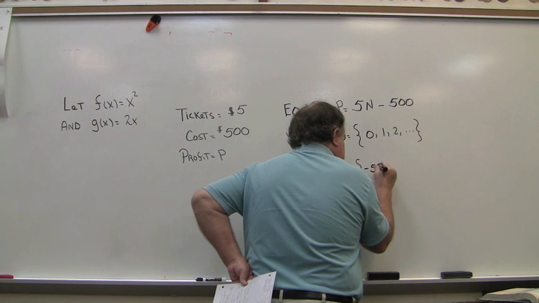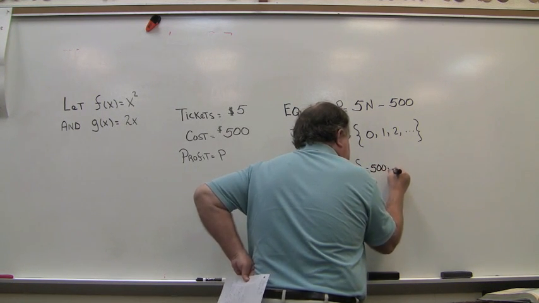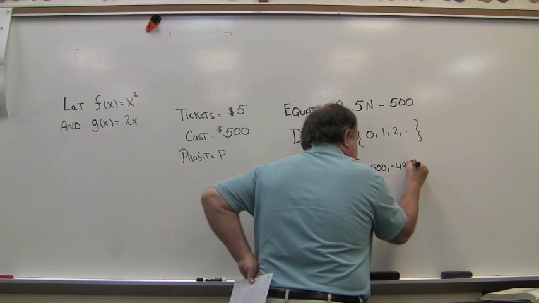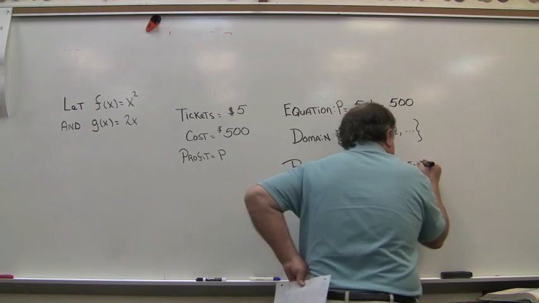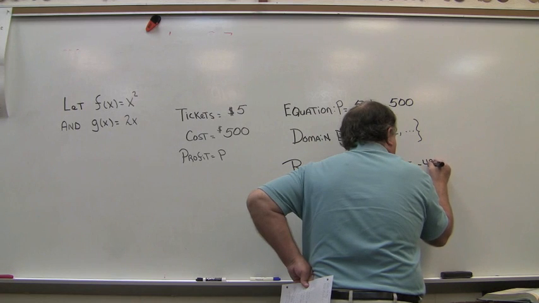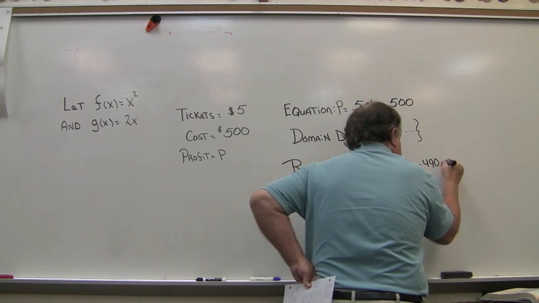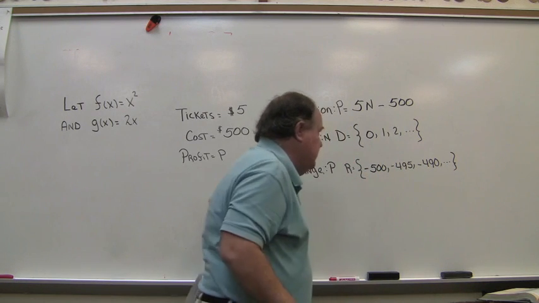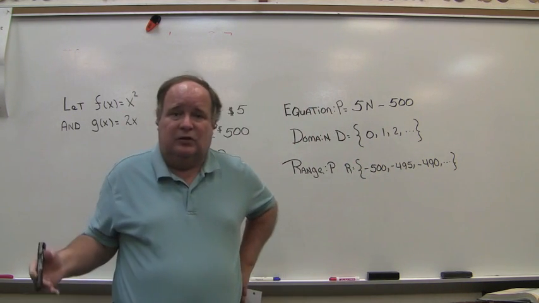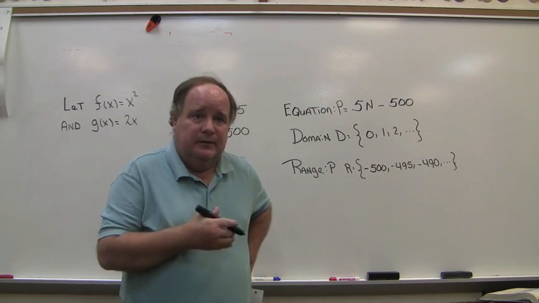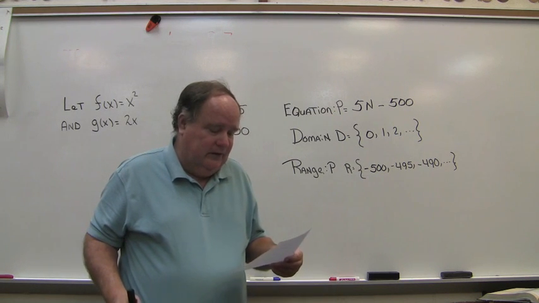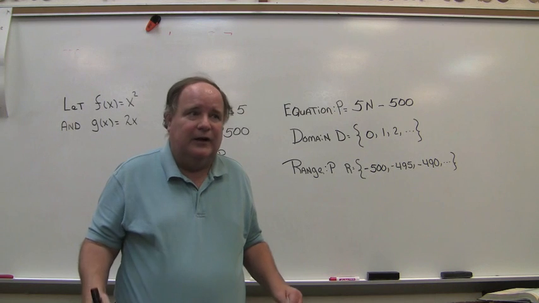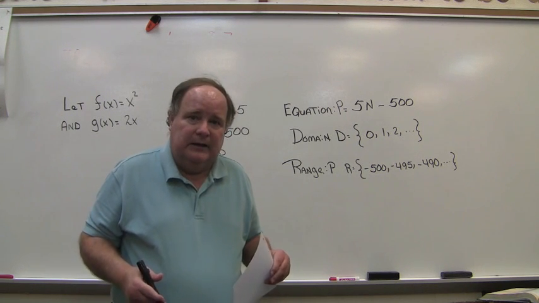We're going to lose money here. And we keep selling tickets, and it keeps going up and up by $5 increments until hopefully we've sold enough tickets that we're going to make a profit. Nobody wants to go into business and lose money. So this is an example of how you convert an equation into a function.